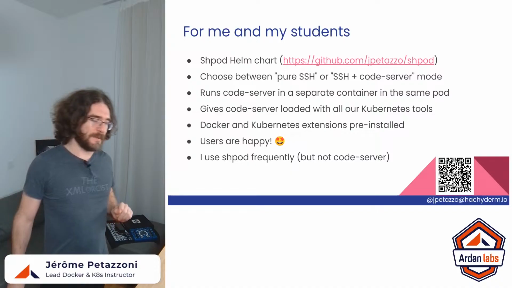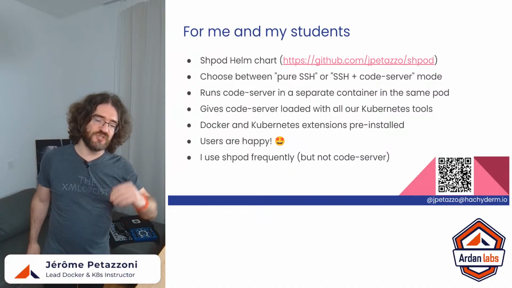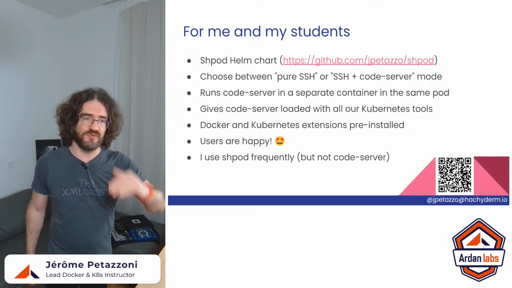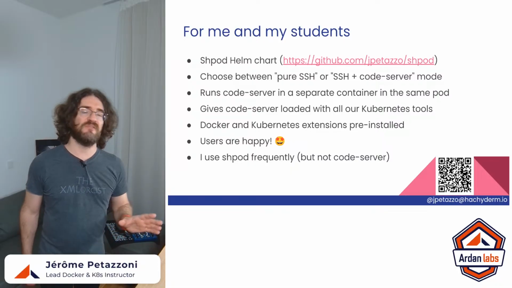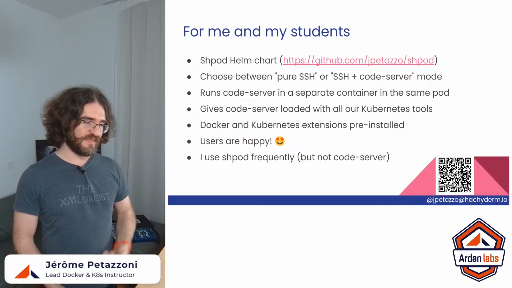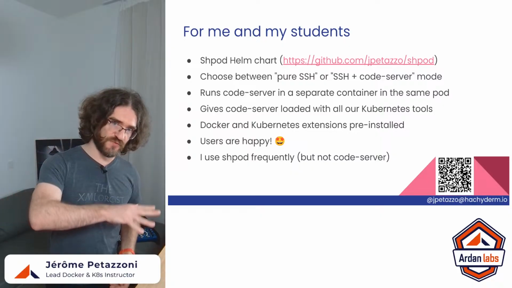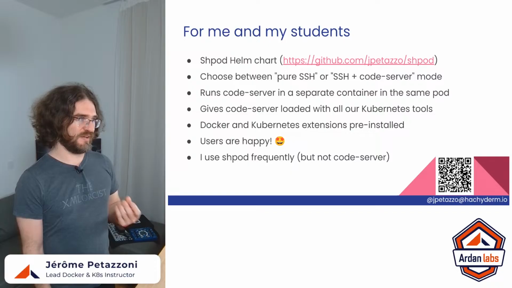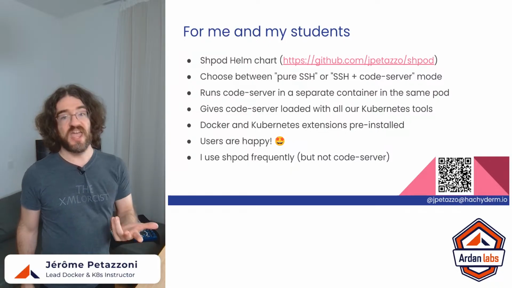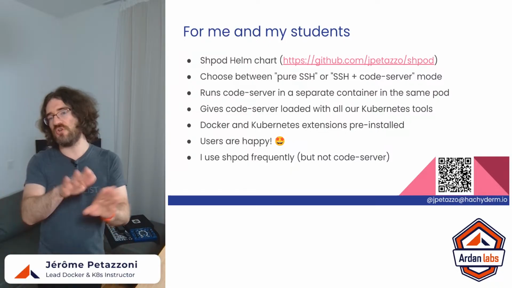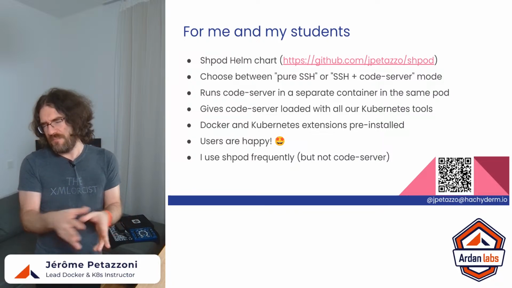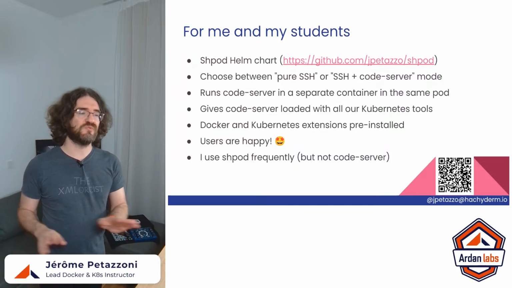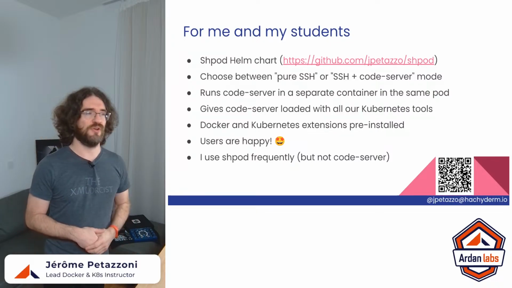And by the way, that spod image comes in multiple flavors, multiple tags. There is the base version that has all the tools and an SSH server, and then there is the version which I named VSPod, which has Code Server. I made a separate version because Code Server is pretty big, and so I wanted to retain the option of having a smaller image.